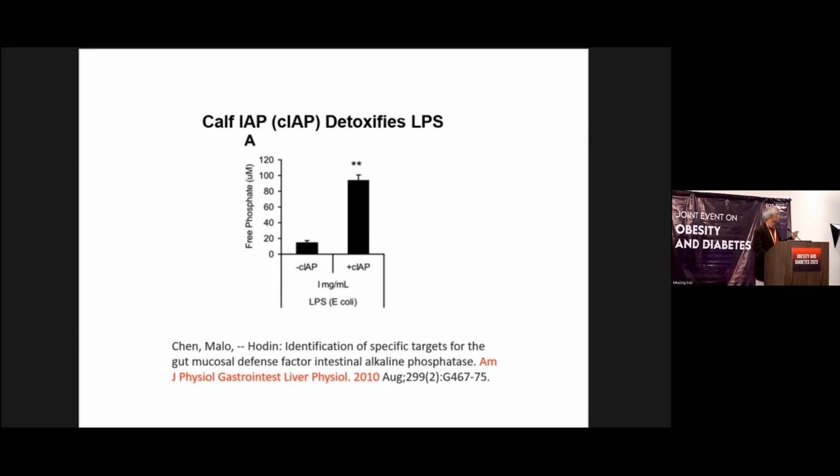Because it's a phosphatase, it might dephosphorylate LPS. So we used calf intestinal alkaline phosphatase, CIP, and we really found that yes, it dephosphorylates LPS, and you get the free phosphate.